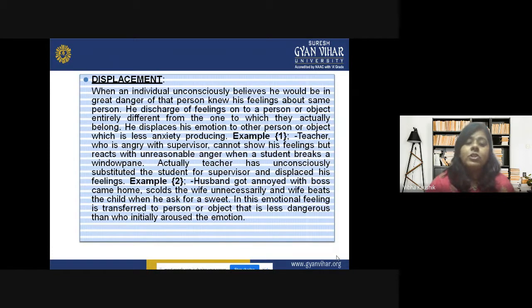In this way, the emotional feeling is transferred from one person or object to another that is less dangerous than the one who initially aroused the emotion.